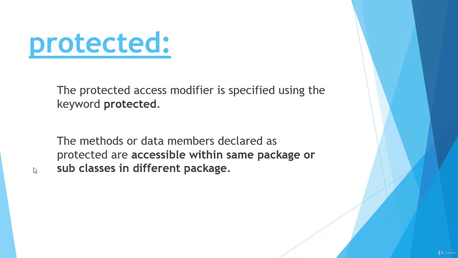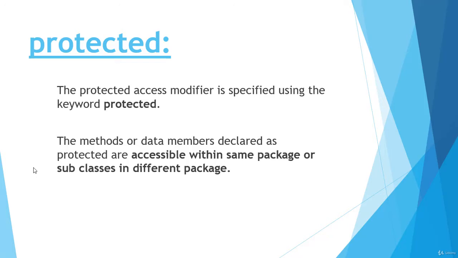Next we have the third access modifier, which is protected. The protected access modifier is specified using the keyword protected. The methods or the data members declared as protected are accessible within the same package or subclasses in different packages.